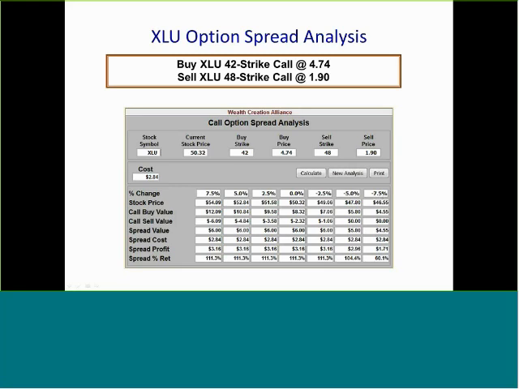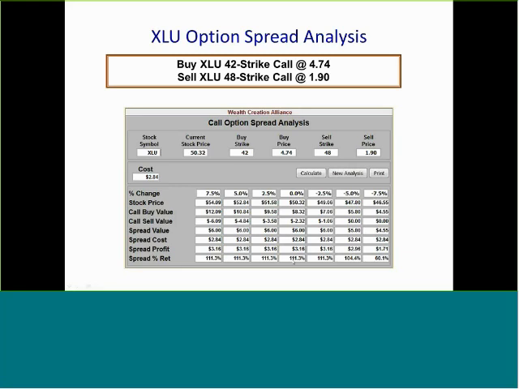So again, with XLU trading at 50.32, we bought the 42 strike call at 474, sold the 48 strike call at 190. So we can see that if XLU is flat at option expiration at 50.32, we're going to realize a $316 profit on the spread, and that represents 111% return.